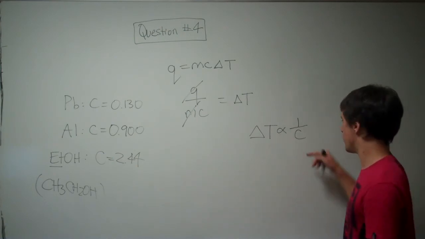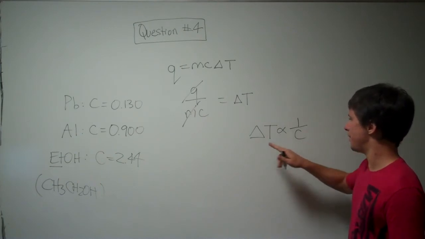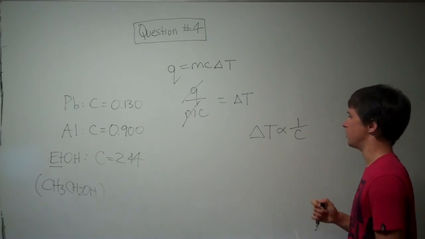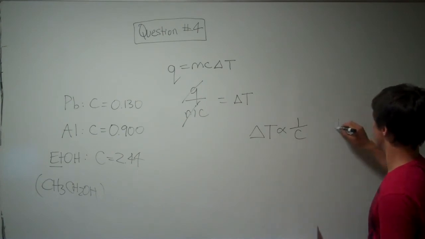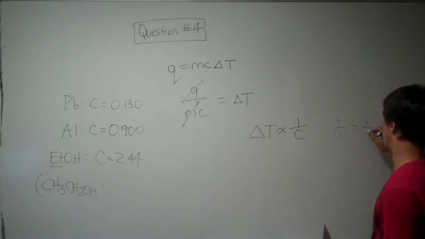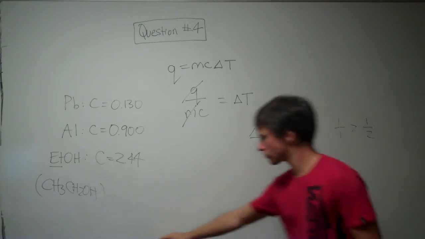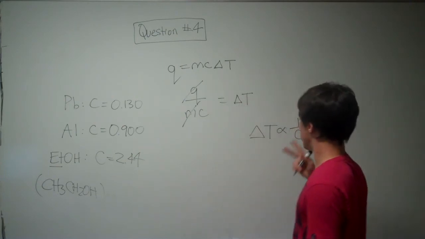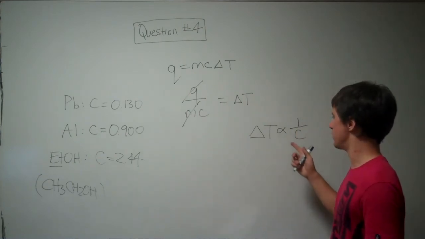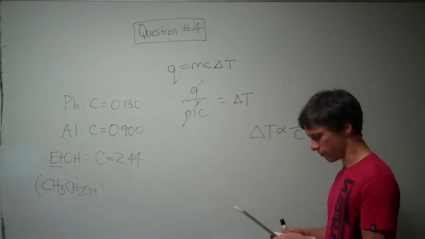If you have a really low number here, that's going to be higher than if you have a really high number here. Like 1 over 1 is bigger than 1 over 2. So, once again, the lowest specific heat is going to have the highest change in temperature.